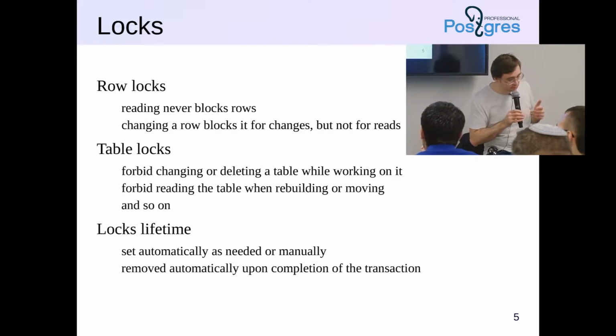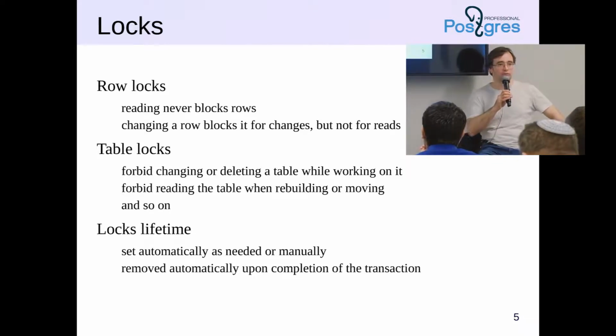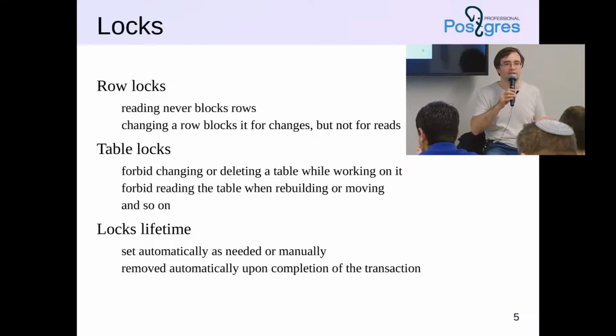But in addition to row locking, we of course have locks on higher levels. For example, on the table level, because you don't want someone to delete a table which you are selecting from, or if you are creating an index, you cannot change the contents of your table and so on.